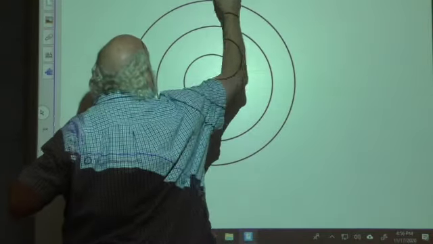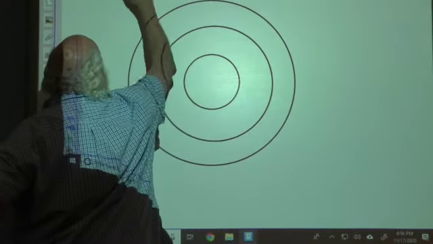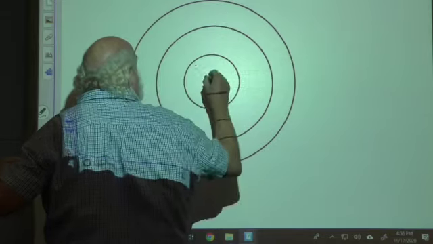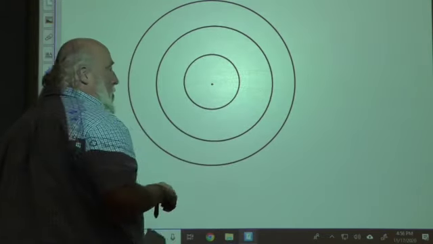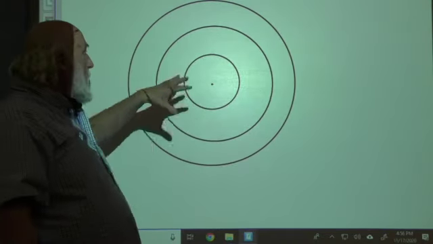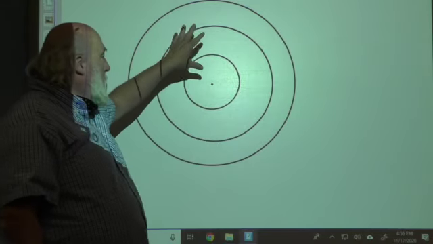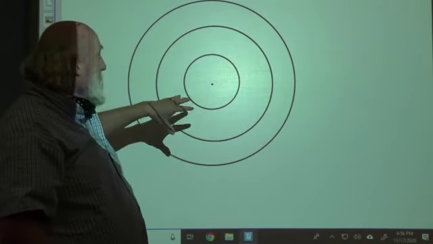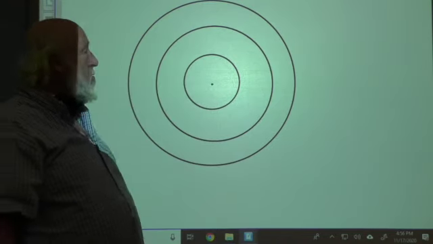And let's say that we have the nucleus right smack in the middle of all this. Put that right there. Now remember, the nucleus is minuscule compared to the size of the atom. But all the mass is concentrated right there.